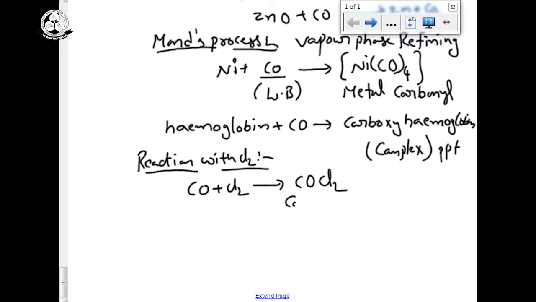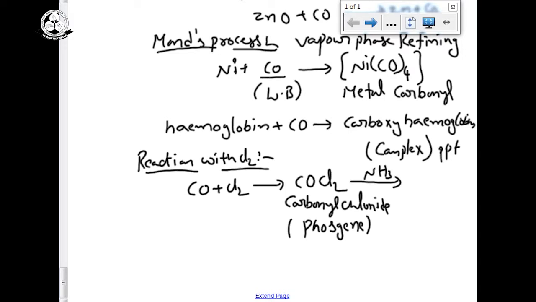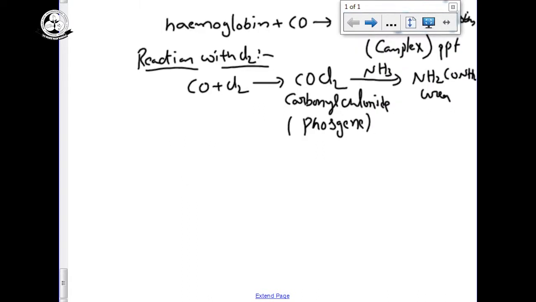Its name is carbonyl chloride, and another name for it is phosgene. On further reaction with ammonia it forms urea, NH2CONH2. Phosgene is a poisonous gas.